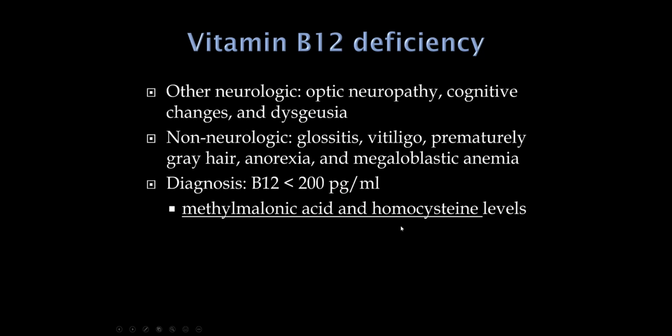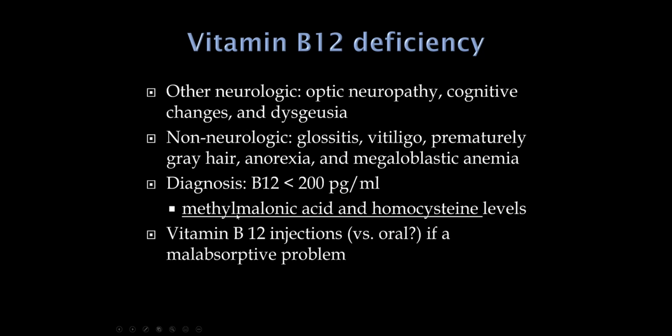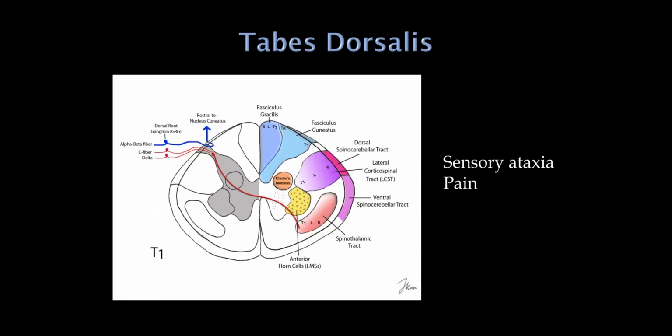In neurology, we don't routinely check these because these can be elevated due to other things. And so we usually will just add a methylmalonic acid. All right, so we used to do B12 injections for patients that had low or symptomatic deficiency. And it looks like if you just give a very high oral dose, even if they have a malabsorptive issue, that still is an effective treatment.